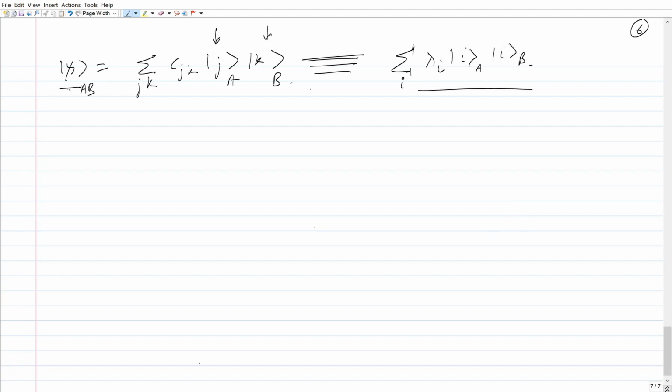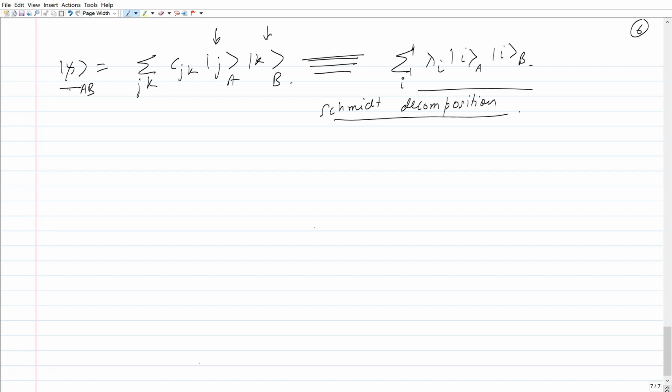So this transformation is called the Schmidt decomposition. And this Schmidt decomposition is very important in order to understand entanglement, as we'll see. But how do we, first of all, show this? How do we show that this indeed holds true for any state?